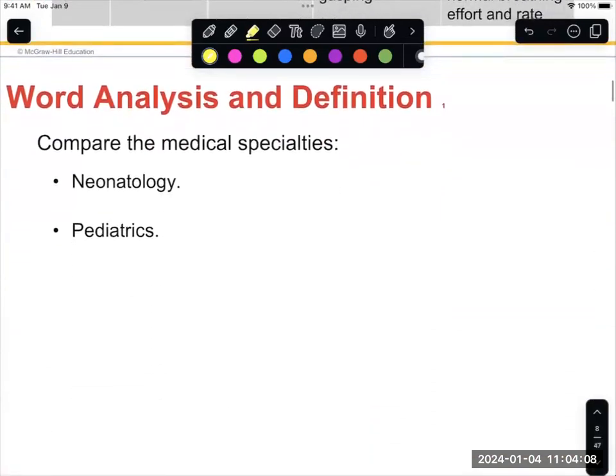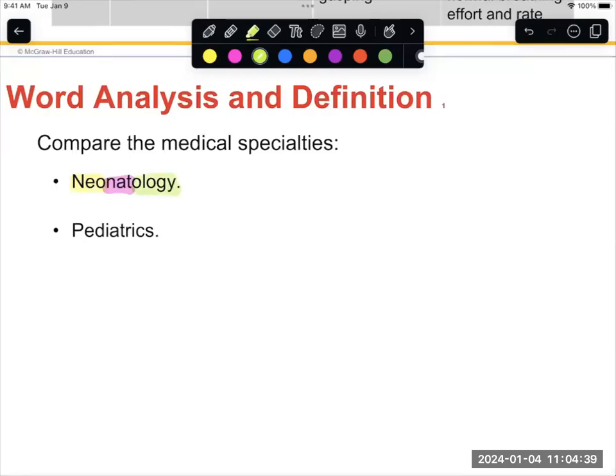So neonatology is the specialty of treating newborns. So we have the root combining form neo, which means new, the root nat, which means born, and then that ology, which is going to mean the study of.